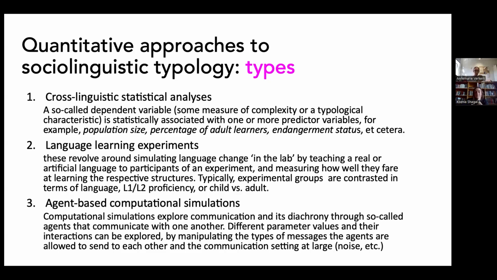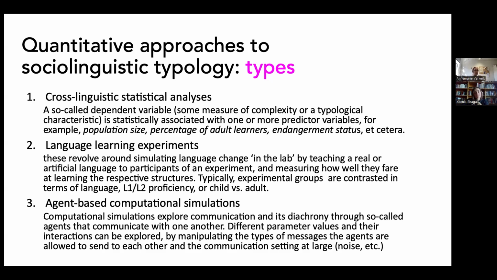Then we have language learning experiments. These revolve around simulating language change in the lab by teaching a real or artificial language to participants of an experiment and measuring how well the participants learn the respective structures. Typically we have experimental groups that are then contrasted in terms of their language, right?